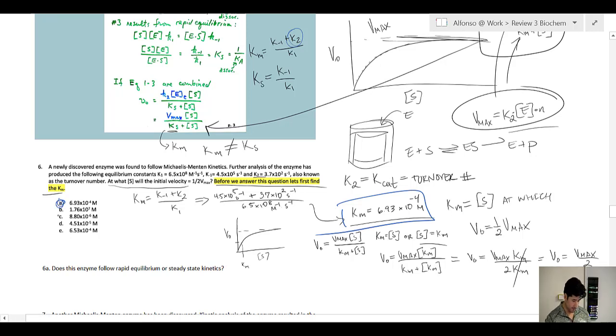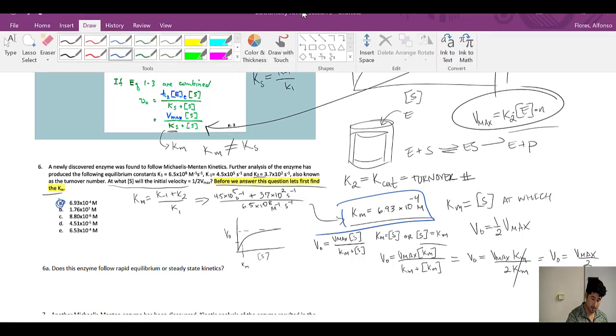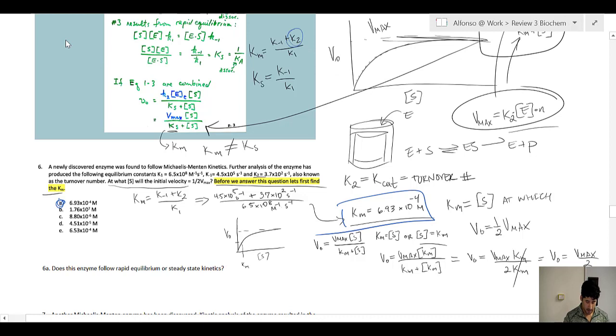All right, number 6A. Does this enzyme follow rapid equilibrium or steady state kinetics? Here's the easy way for you to know. I'm going to write it over here. If Ks is approximately equal to Km, then the enzyme follows rapid equilibrium.